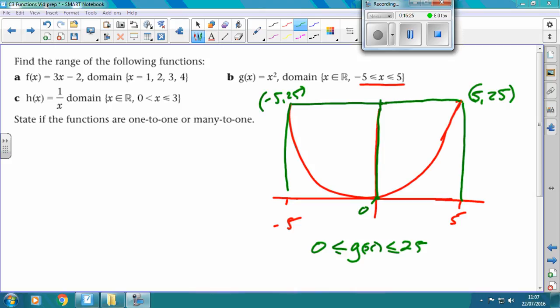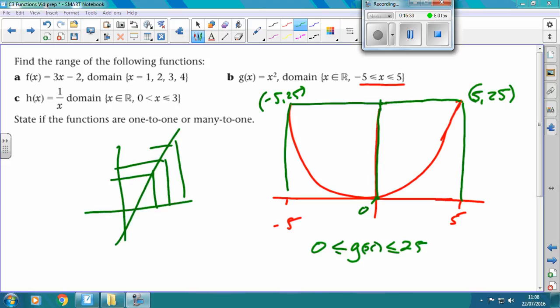And also the previous one was a one-to-one because everything in the domain maps to one thing in the range. Here we've got, say, 1, which maps to 1, and we've got minus 1, which maps to 1. 5 maps to 25, and minus 5 maps to 25. So that's a many-to-one function.